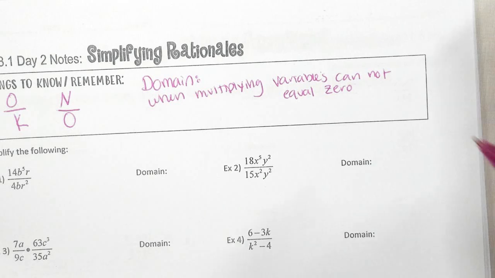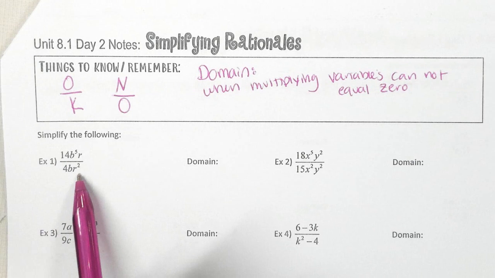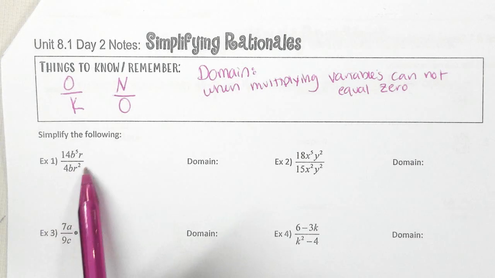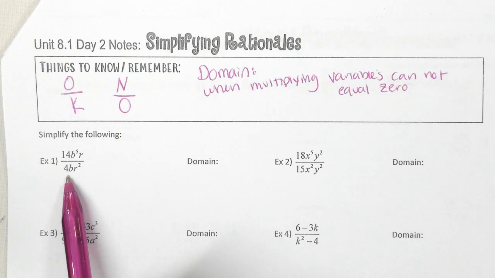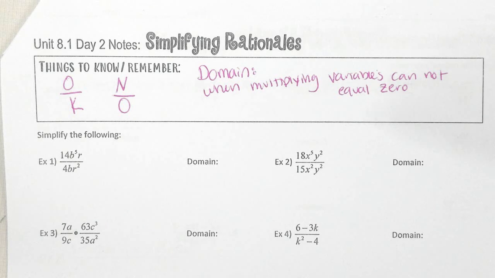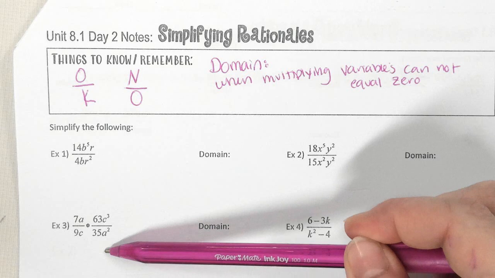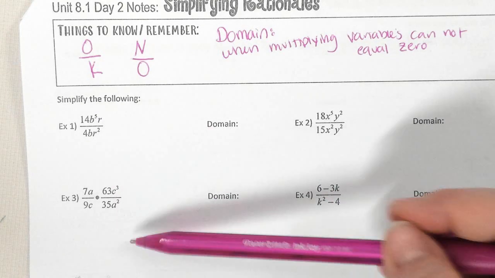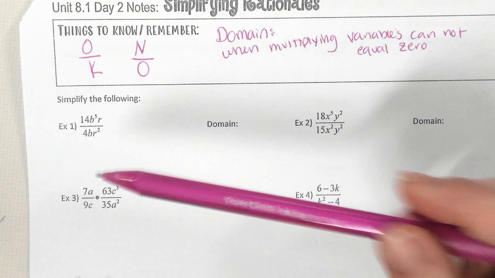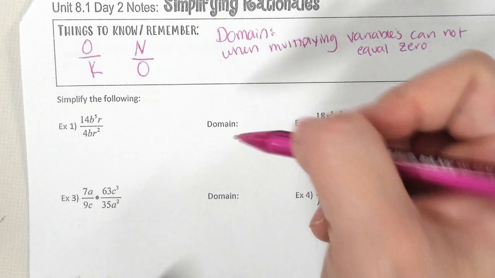Because anything times 0 equals 0. So if I plugged in R or B is 0, wouldn't the whole thing end up being 0? Because you multiplied by 0? Yes. So that's why that's not allowed. Well, the nice thing is, if you look at number 1, number 2, and number 3, aren't those all multiplication in the denominator? So all of your letters just cannot be 0. So those are easy domains.